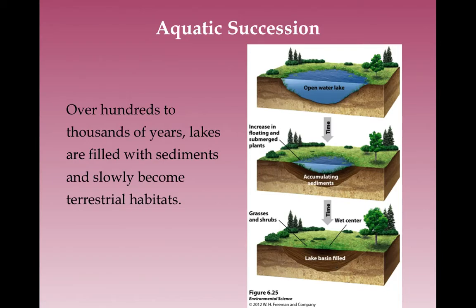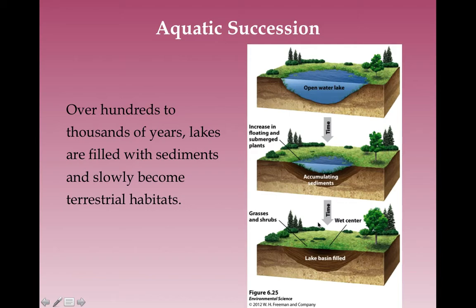And you also have succession in terms of aquatic biomes and environments. So again, this happens over hundreds, if not thousands of years, but essentially it's kind of the filling in of a lake. And basically this sediment accumulates over time, and you eventually will get kind of a bog type of area, depending if it's still kind of wet, or just some sort of grassland with shrubs, and maybe eventually that will become a forest.